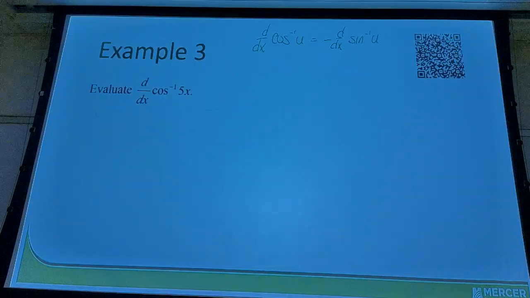Here's the cool thing about the cofunctions. The derivative of the inverse cofunction is the negative of the derivative of the inverse function. Right, so cotangent and tangent go together, secant and cosecant go together, sine and cosine go together.